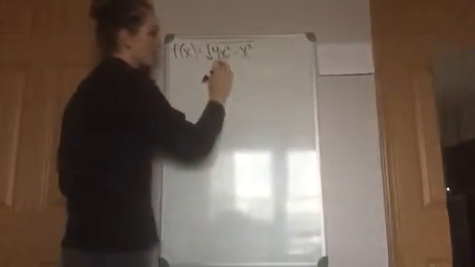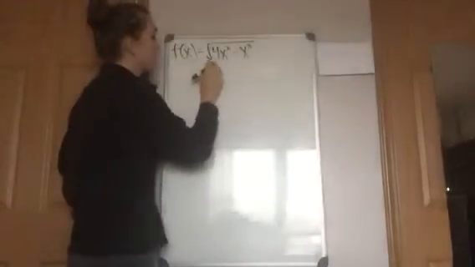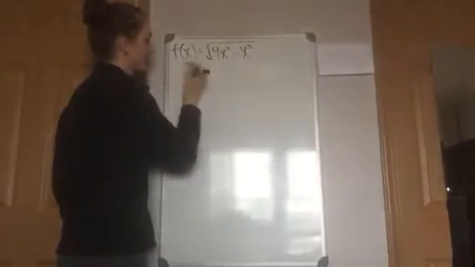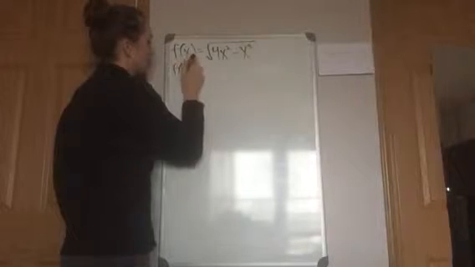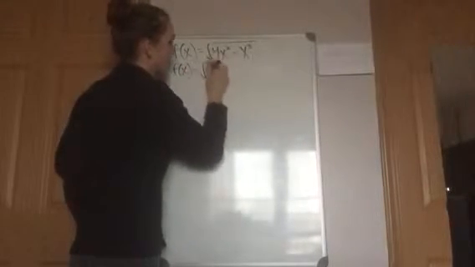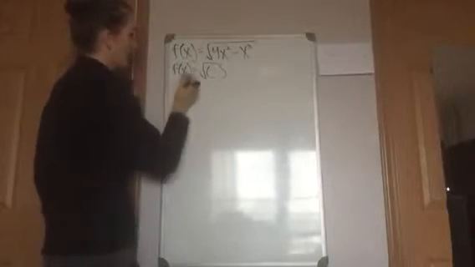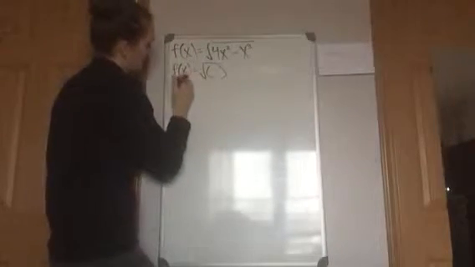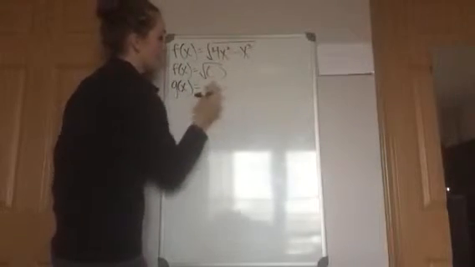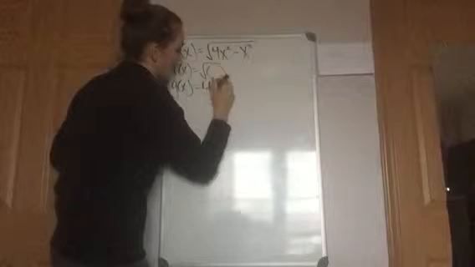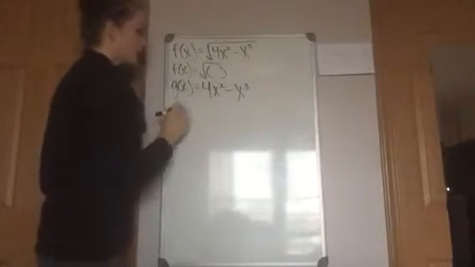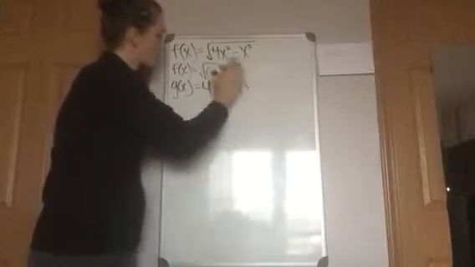I'm going to use the chain rule for this, and according to the chain rule, we're going to take f of x, which is going to be the square root of something, and then g of x equals something, which is 4x squared minus x cubed. And we're going to multiply these by each other.